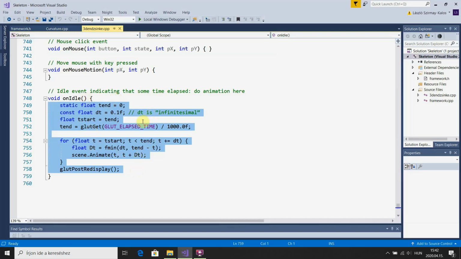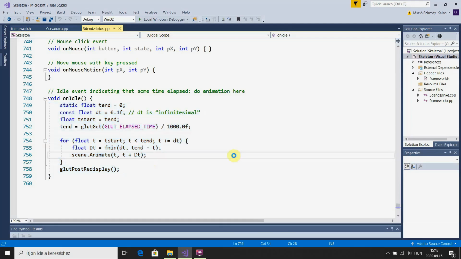To handle this problem, if the time difference between the actual execution of the onIdle and the previous execution of the onIdle called t start is too big, then this time interval is decomposed to small time intervals of length at most dt, and the scene's animate function is called multiple times for these small time steps, and in this way our animation will be valid even if there is a huge gap between two onIdle calls.